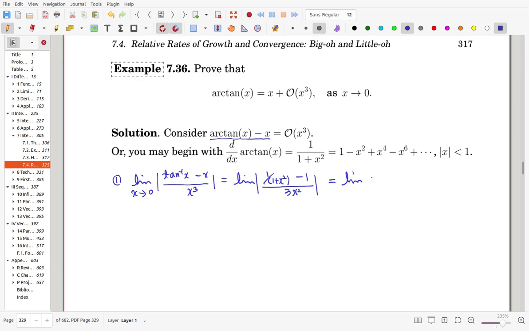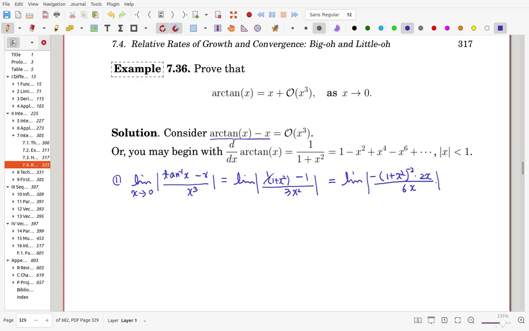The derivative of the top is minus 1 plus x squared to the power minus 2 times 2x, right? That is the derivative of the top, and the bottom is 6x, right?